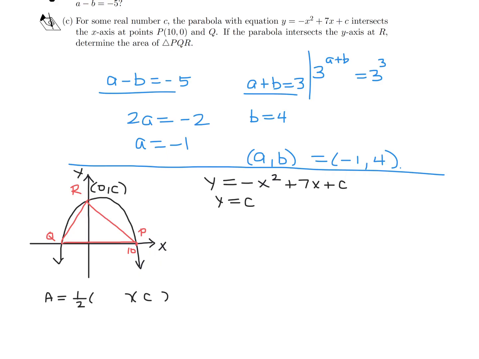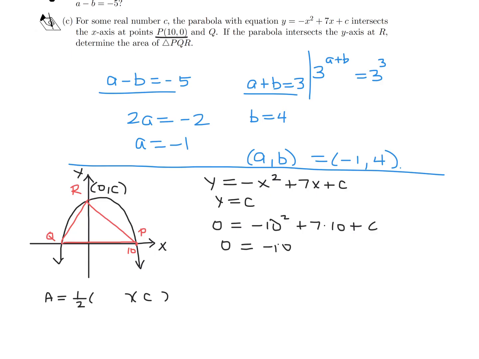Well, we have a coordinate actually, P(10, 0), right? If P is on the parabola, then we can figure out c, unless I'm oversimplifying. So if y is 0 and x is 10, yeah, I think that should be sufficient.